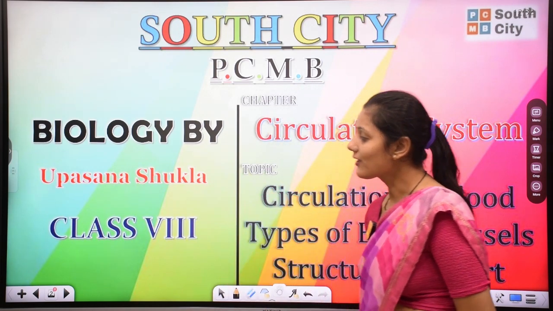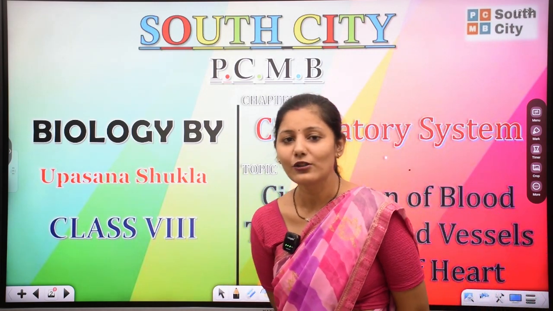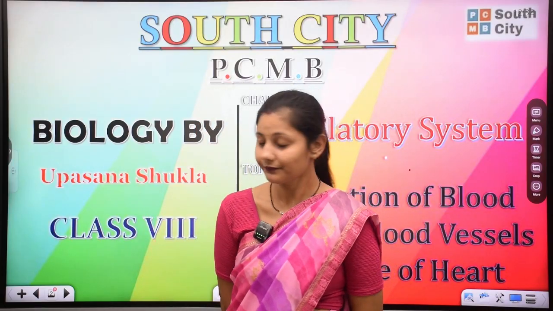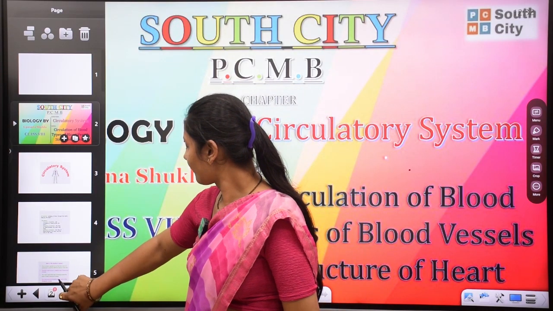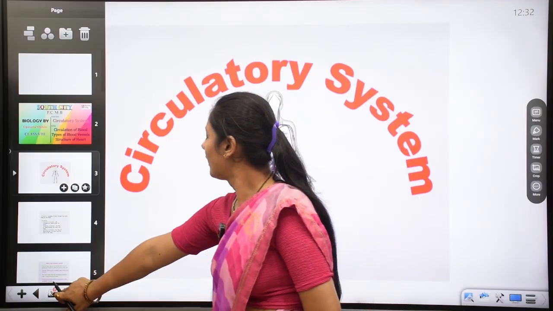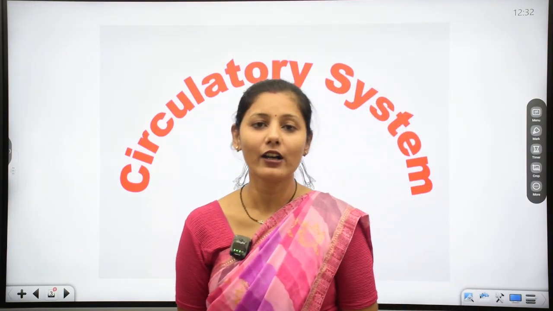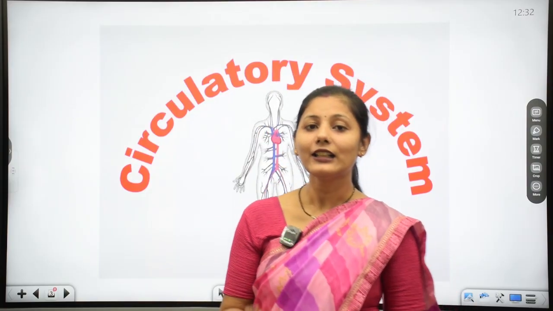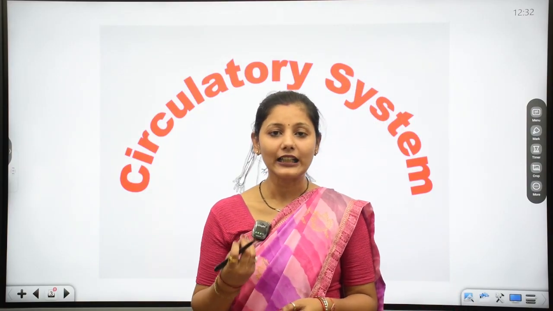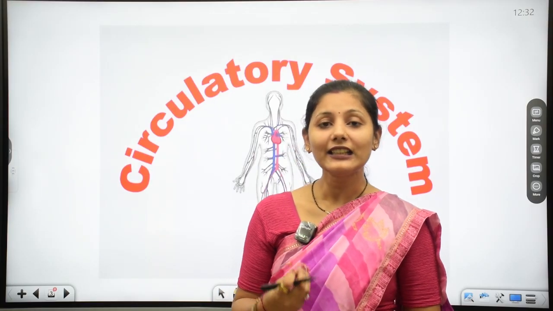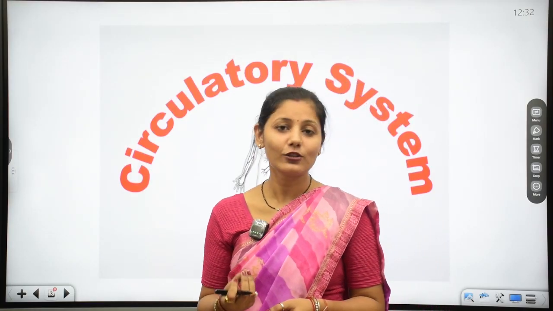Now we are going to start a chapter known as circulatory system in human beings. See, circulatory system, as you all know that we all are living organisms, so we all require energy, which we get from the food as well as the oxygen.